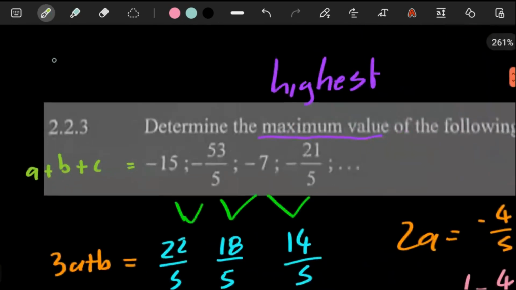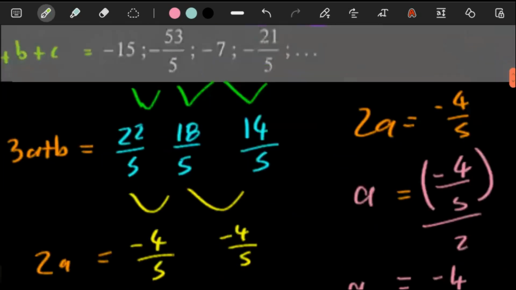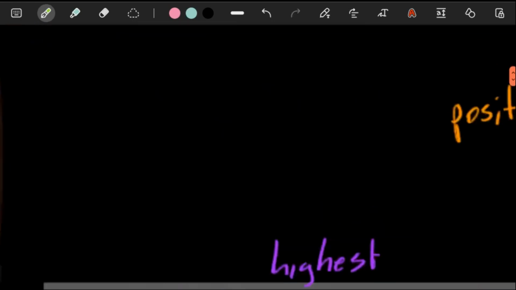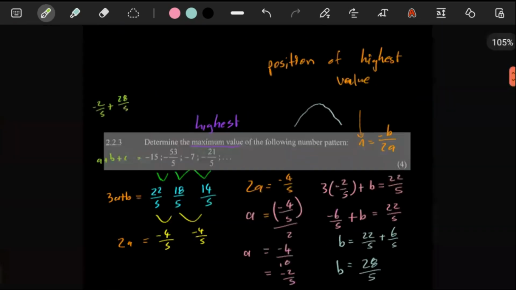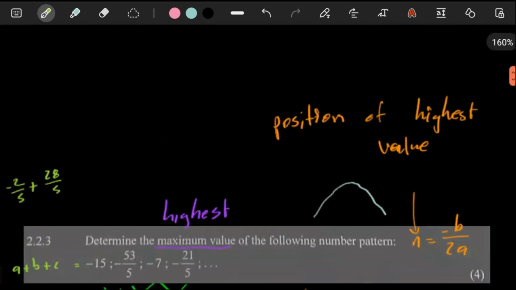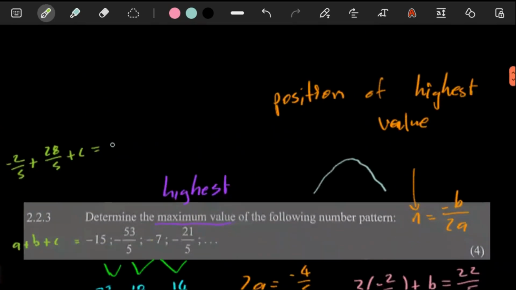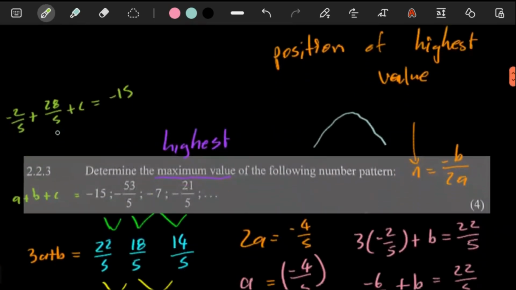So here our a value, we got negative 2 over 5, right? So negative 2 over 5. Our b value, we have 28 over 5. c, we are working it out. And then let's see what we're going to get there. So our c value, if you put everything in the calculator, these would go to the right side, right?